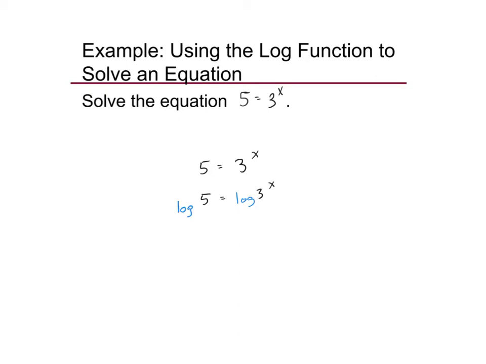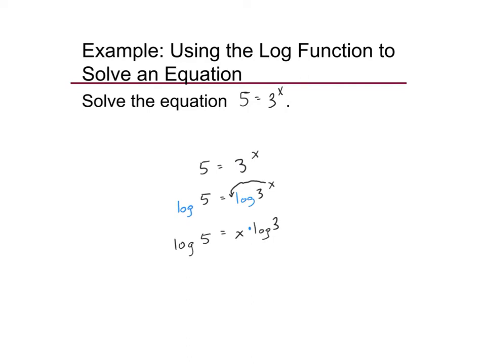And what we do next is we use the property from the previous slide, and I'm going to bring that exponent down in front of my log of 3 term. Okay, so that's the fancy step where we use the property. So we just write log on both sides, use the property from the previous slide, and now this is multiplication right there between the x and the log 3.